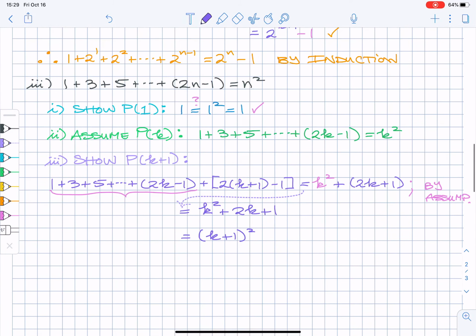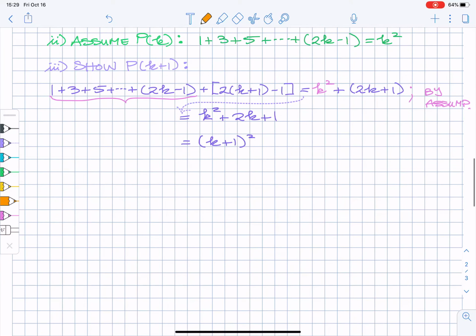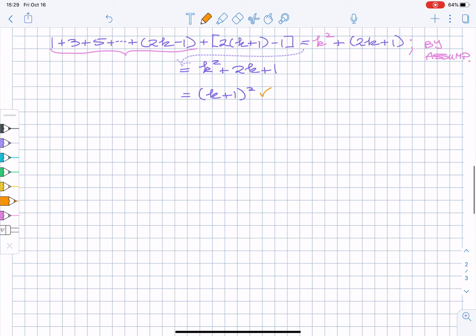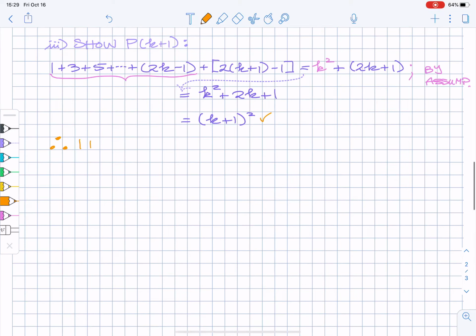Look at that. I needed k plus 1 squared. Check mark. We did it. That was pretty quick, wasn't it? So therefore, we can state that the sum of all odd integers up to including 2n minus 1 is just n squared by induction.